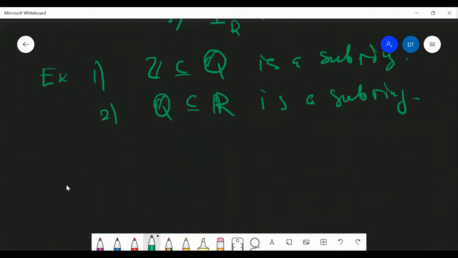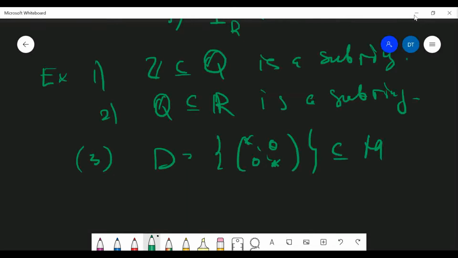If you take the set of all diagonal matrices, then this is a subring in the ring of all matrices. So these are examples of a subring.